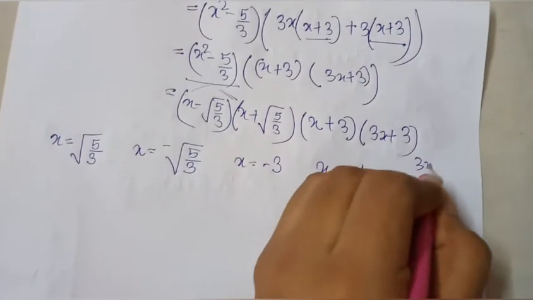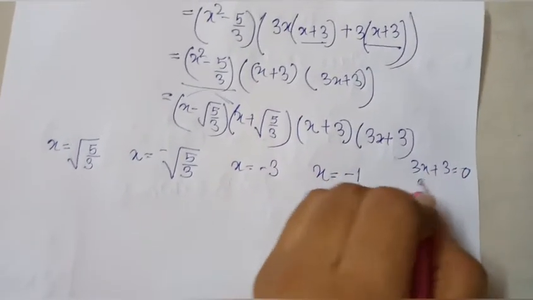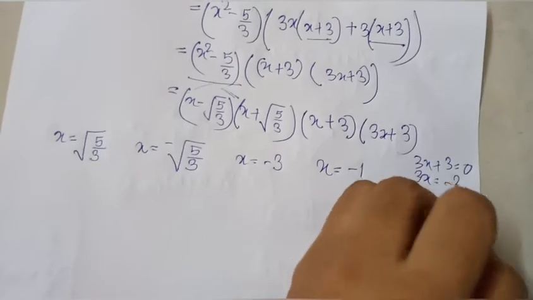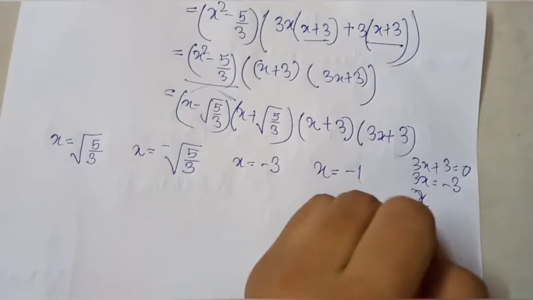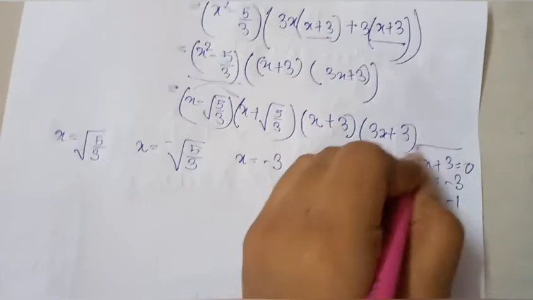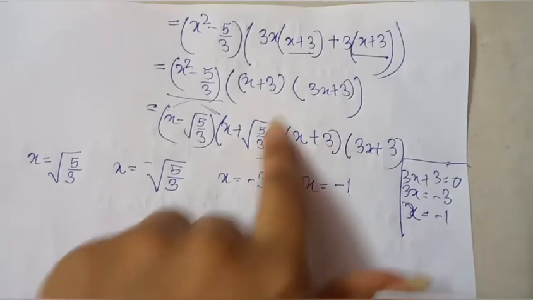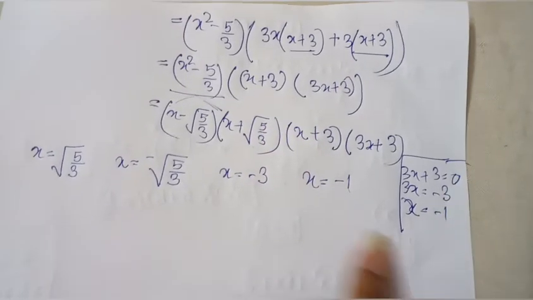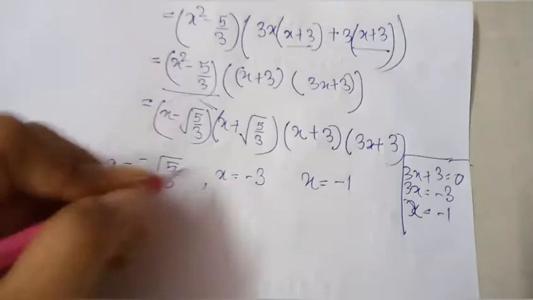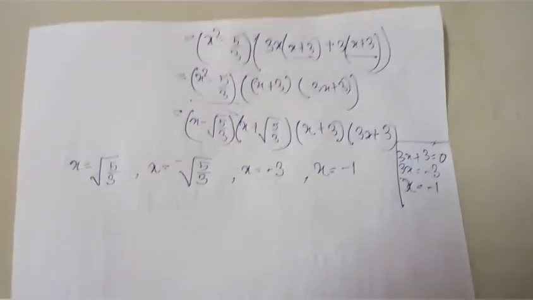How? 3x plus 3 equal to 0, 3x is equal to minus 3 and x will be equal to minus 1. This is the step: we need to keep each factor equal to 0 and we'll get the answer. So these are the 4 zeros of that polynomial.